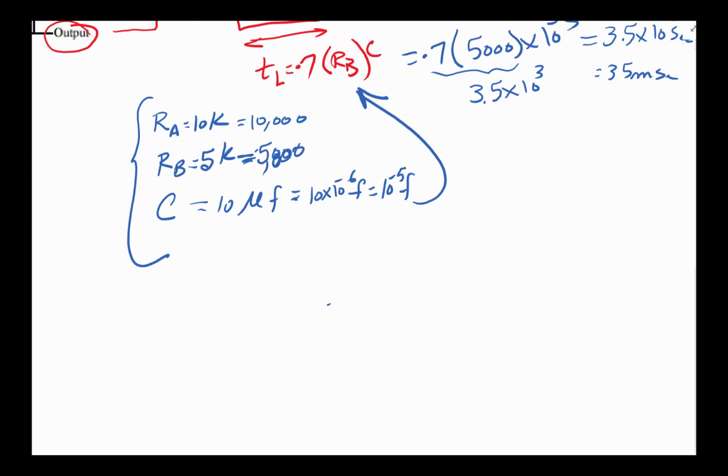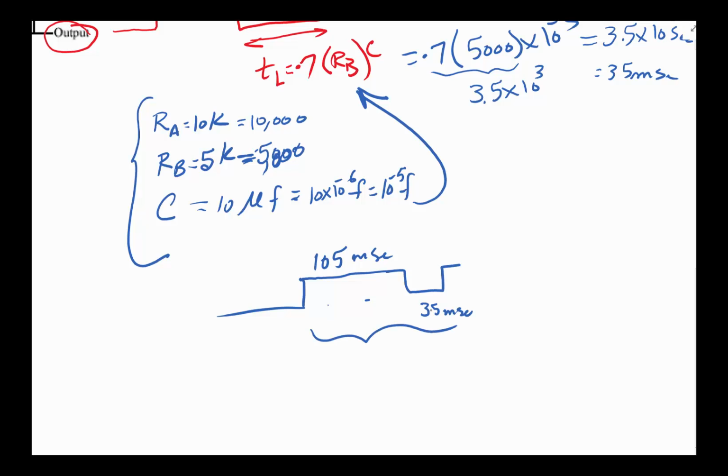Now we've got a square wave where the low time is 35 millisecond. Actually, it's not quite drawn to proportion, so let me redraw this one to proportion. And the high time is 3 times as big, 105 millisecond.